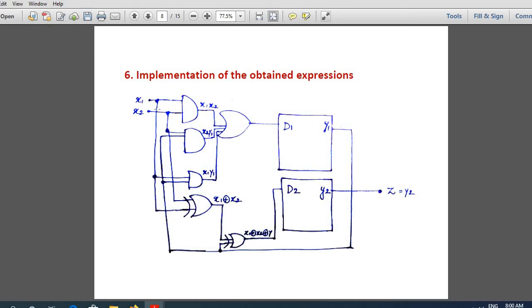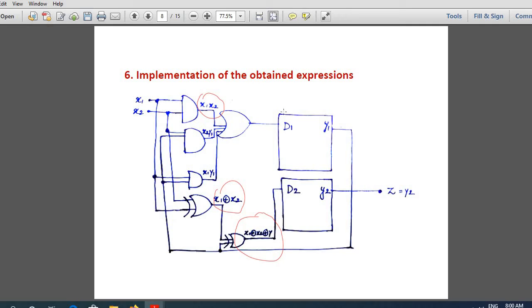Look here, take x1 x2, give to an XOR gate, you will get x1 XOR x2, and y1 you are again taking here, you will get x1 XOR x2 XOR y1, and that is your D2. Your Z is y2. x1 x2 you took here and you got x1 y1, x2 y1, x1 y1, again you form D1.